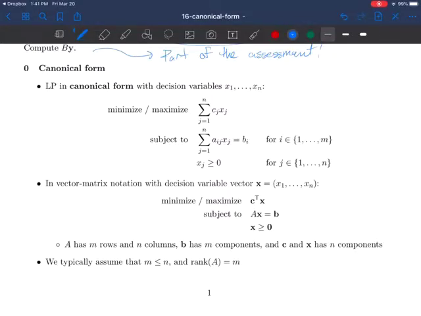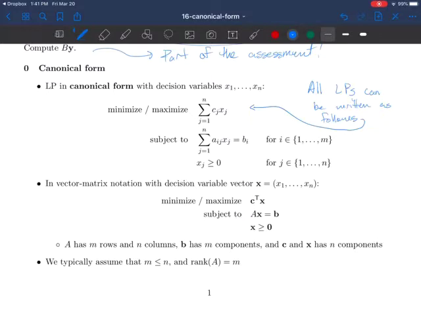Basically, we're going to be able to write all linear programs in the following way. And they're going to be equivalent to the original one, possibly with more variables and possibly with more constraints. But not too many more. That's the whole trick. So it turns out that all LPs can be written as follows.